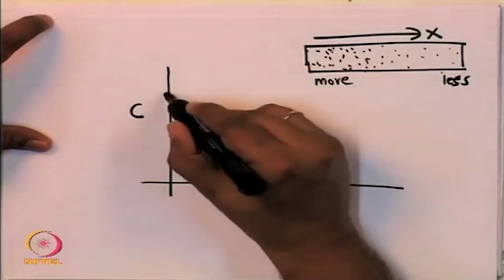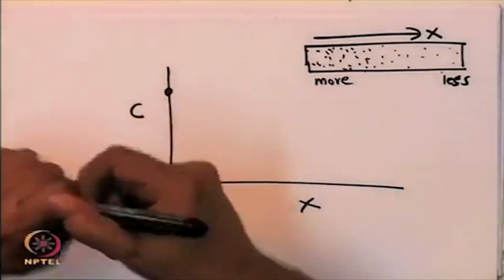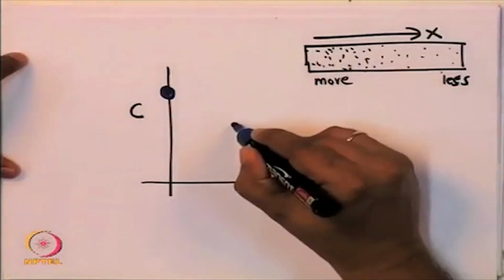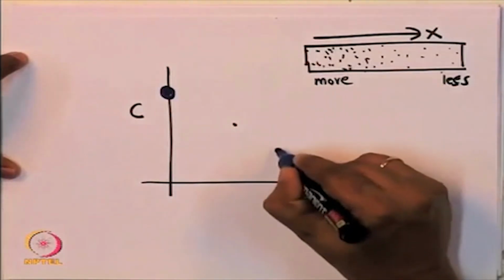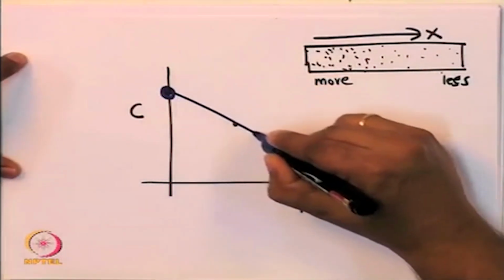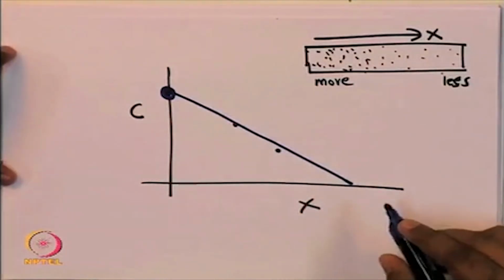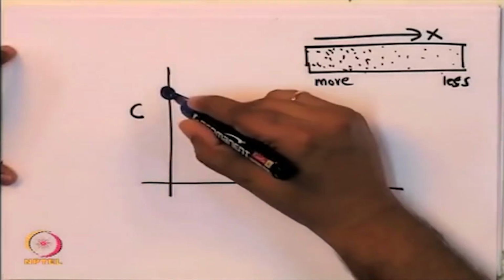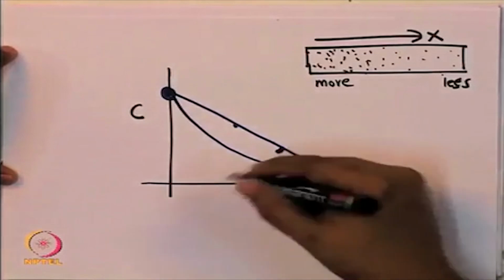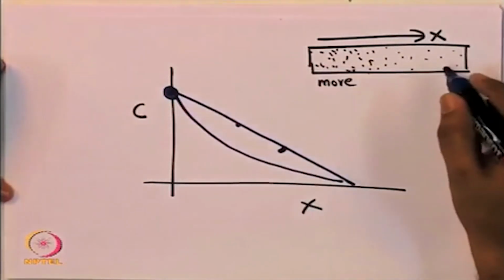At the left end you have large concentration, and as we go a little further the concentration decreases, and further you go it decreases, and further it decreases. It need not decrease in this particular way, it can decrease in this way also. We do not know which way it is decreasing, but it is clear that the concentration is decreasing as we go along.